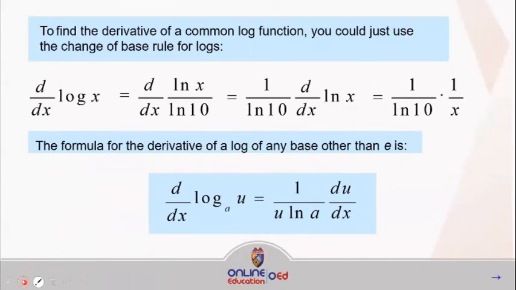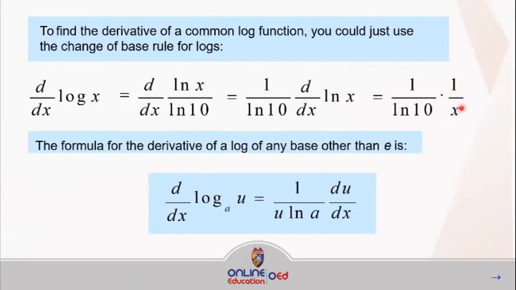For the logarithmic function, here is how we got the derivative of d over dx log x. We have d over dx multiplied by ln x over ln 10, which is also equal to 1 over ln 10 times d over dx ln x, or 1 over ln 10 times 1 over x.